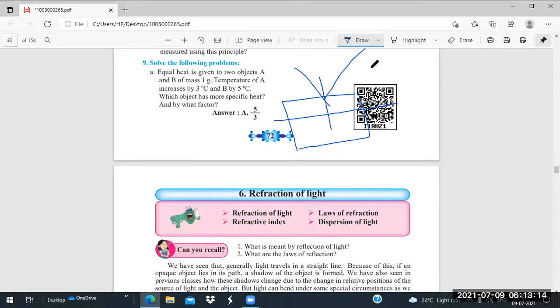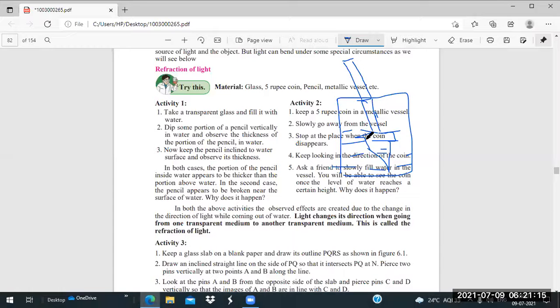Yes or no? Still the same. But the part present in the water becomes thicker. Means we saw that. Actually, it's not like this.